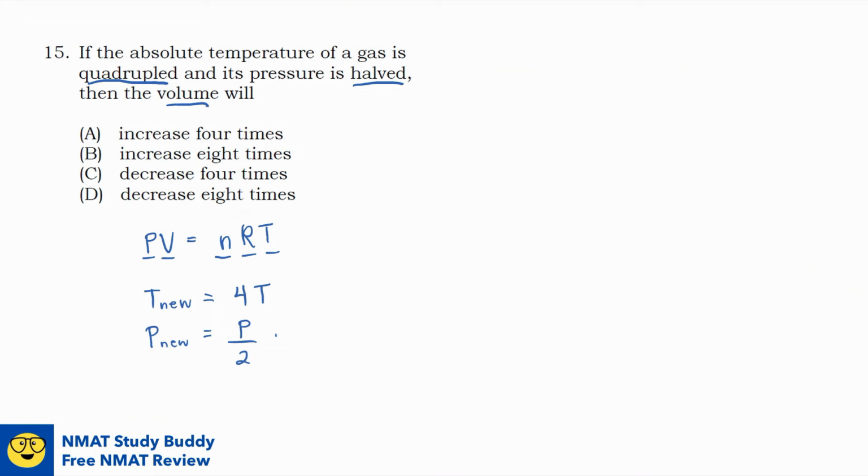So, isa-substitute natin to dito sa equation. Volume is equal to nRT over P. And then, substitute n times R times 4T all over yung pressure na bago, P over 2.